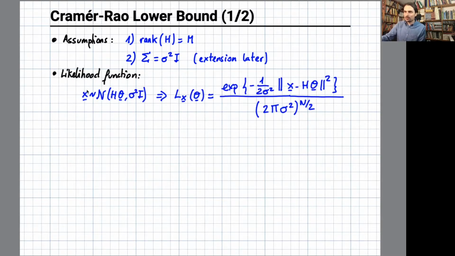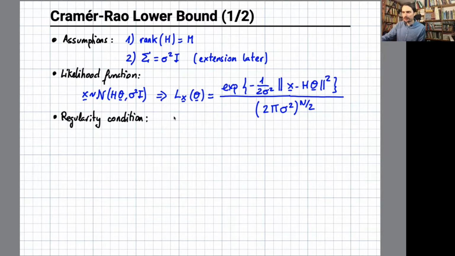To apply the theorem, the first step is to find the likelihood function, right? This just follows from the PDF of the multivariate Gaussian distribution, right? So remember that this is the distribution of the data in the Gaussian linear model.